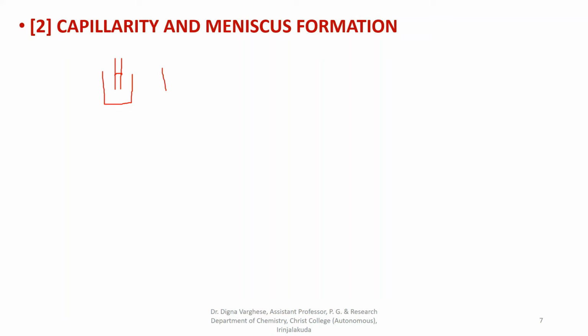In some other liquids, if a capillary tube is dipped, there will be a fall that occurs, which is known as capillary fall. Capillary rise and capillary fall are collectively known as capillary action, which is related to surface tension.